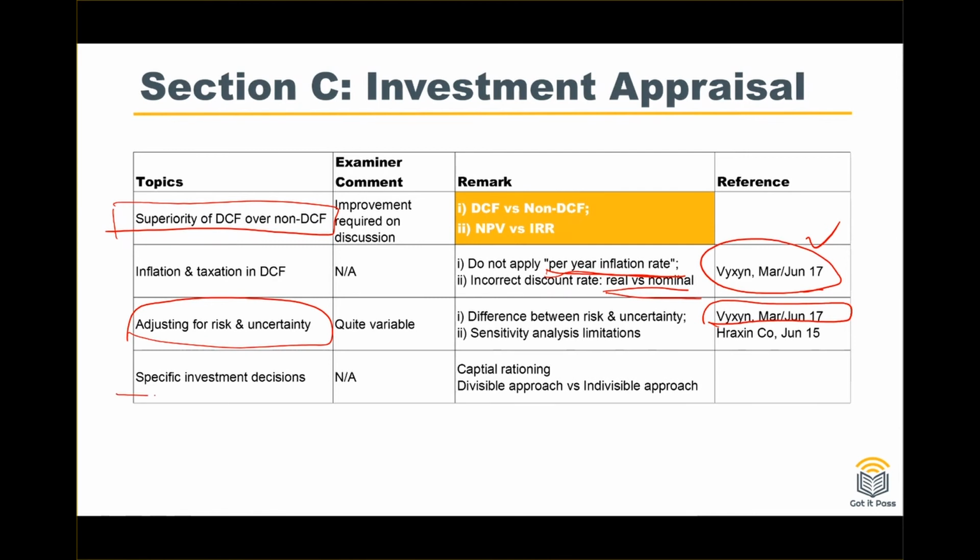Last, specific investment decision, about capital rationing. Again, it's our old friend. Capital rationing appears again because the candidates cannot differentiate between the divisible approach and the indivisible approach. I will share with you this question later. So don't worry about it.